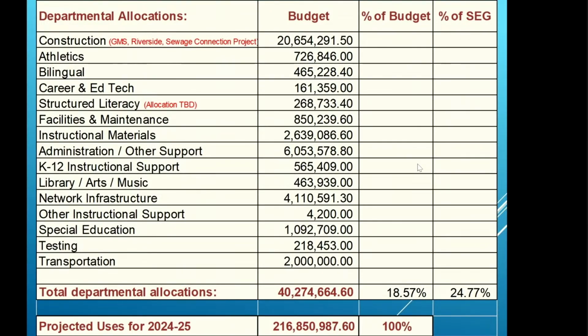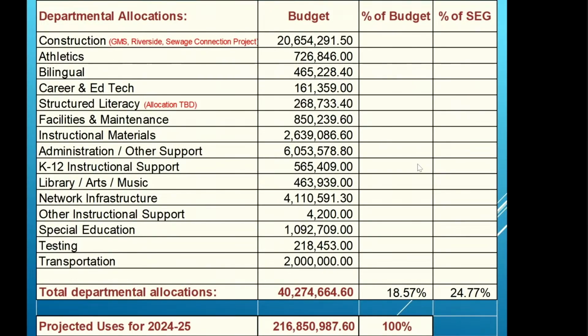That's what makes up that $20 million. We have athletics, bilingual, structured literacy. Again, it was budgeted at $268,733. We're still pending an allocation from PED. Facilities and maintenance. There's $4 million in network infrastructure and $2 million for transportation.